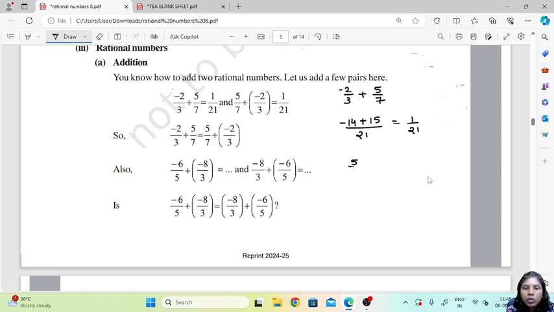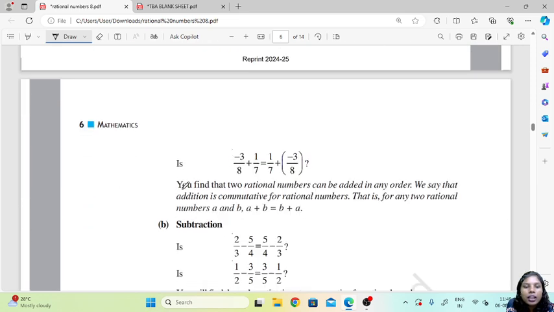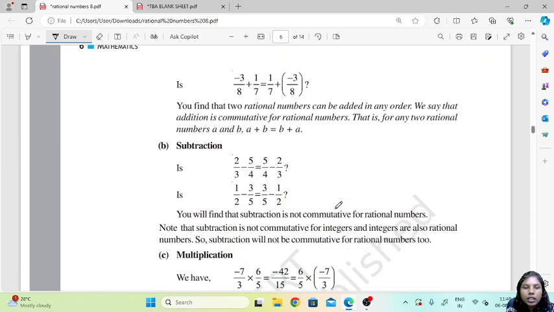So 5 upon 7 plus minus 2 upon 3 will be equal to, again we can simply cross multiply. 5 3s are 15 minus 7 2s are 14 upon 21. So again the answer will be 1 upon 21. So therefore for rational numbers, for addition we can say they are commutative.